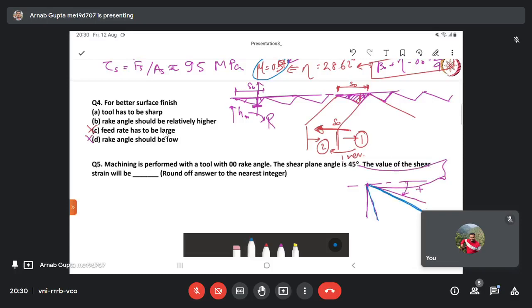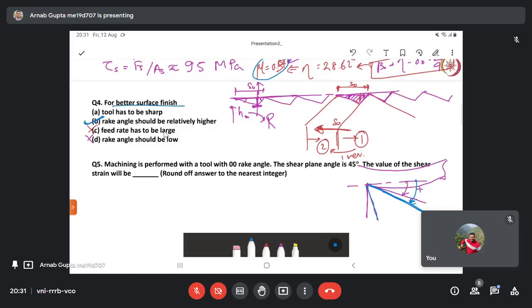So the tool is getting weak as you are increasing the rake angle. So you have to optimize this rake angle to such a value that your tool is not too weak to perform the machining operation without failure, but at the same time, it allows the smooth flow of the chips. So rake angle should be relatively higher for better surface finish.